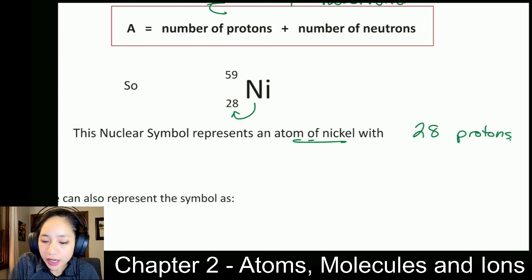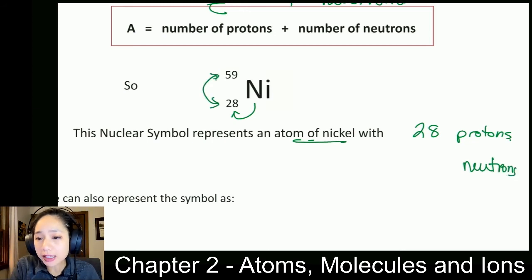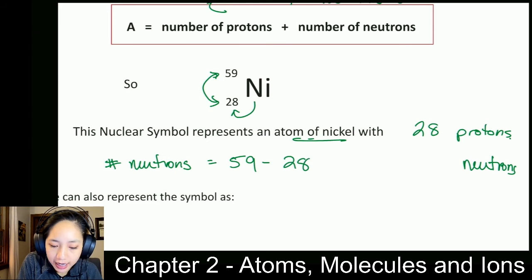We can get the number of neutrons by subtracting the atomic number from the mass number. So the number of neutrons here is equal to 59 minus 28, which equals 31 neutrons.